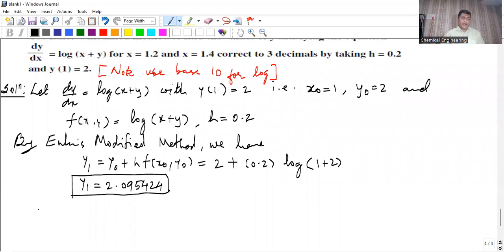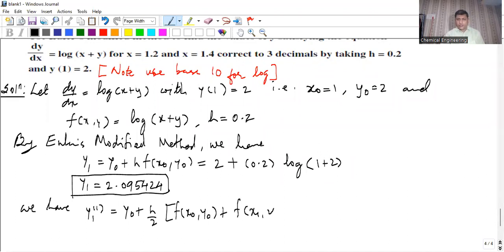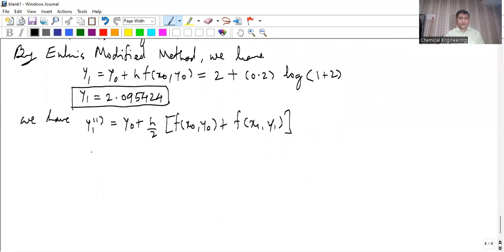And hence, what will be the first correction? y1 is equal to y0 plus h by 2 times f of x0, y0 plus f of x1, y1. Please always write the predictor formula and corrector formula.